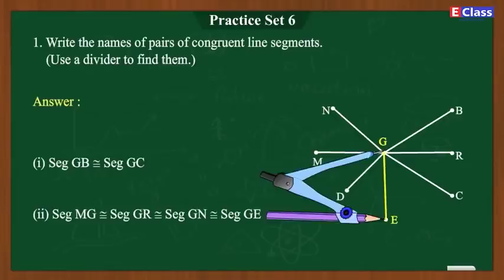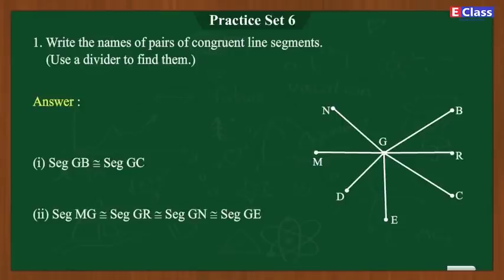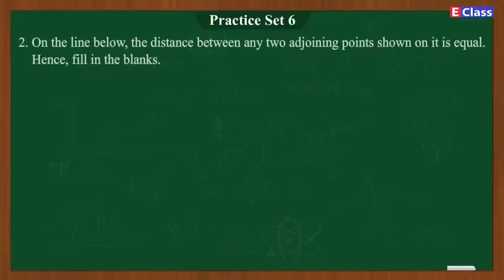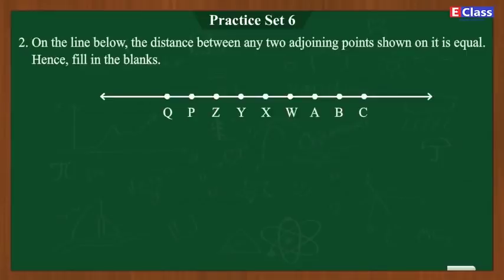Now, let's solve the second question of this practice set. Question number 2. On the line below, the distance between any two adjoining points shown on it is equal. Hence, fill in the blanks. Answer. 1.